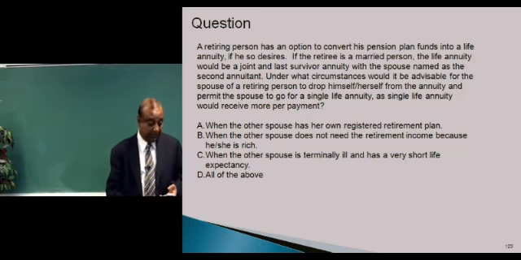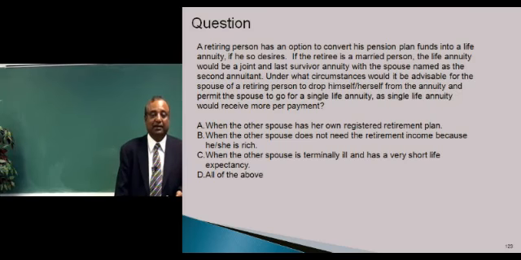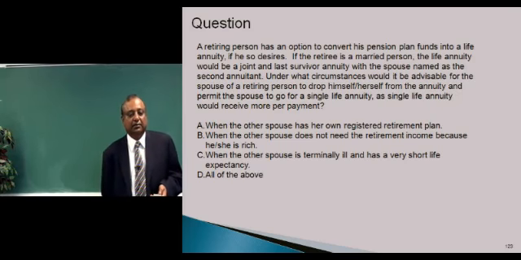It makes sense to consent to be dropped from a pension plan if the person is terminally ill. So the answer should be C, when the other spouse is terminally ill and has a very short life expectancy.